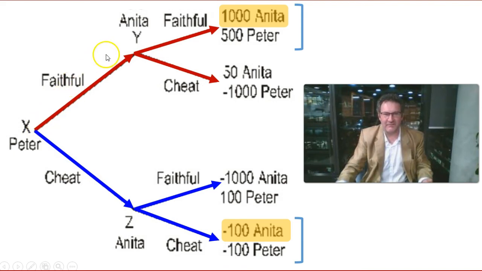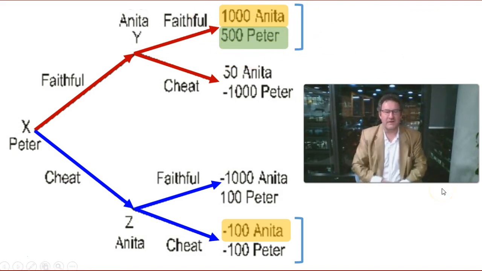Should he remain faithful and get 500 units of happiness, or should he cheat and get 100 units of unhappiness? If we assume that he's a rational, selfish agent, he will choose to remain faithful. So he will choose this option. And this will become the equilibrium. This is our equilibrium here.